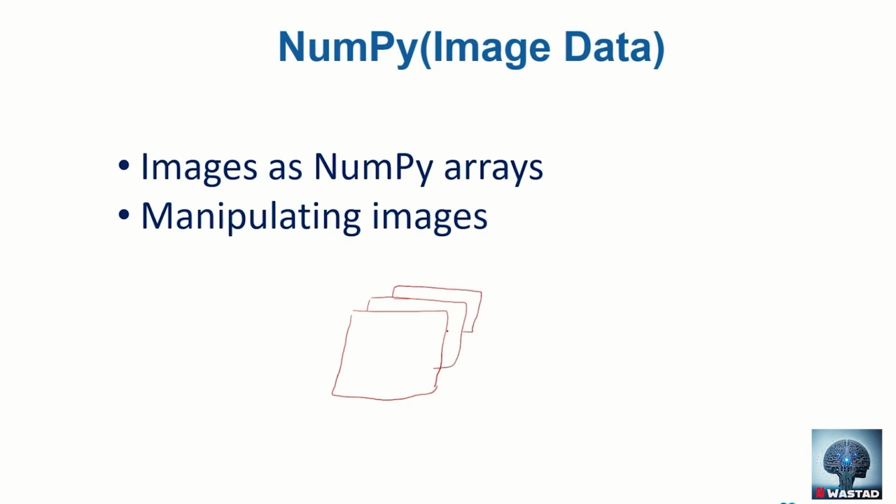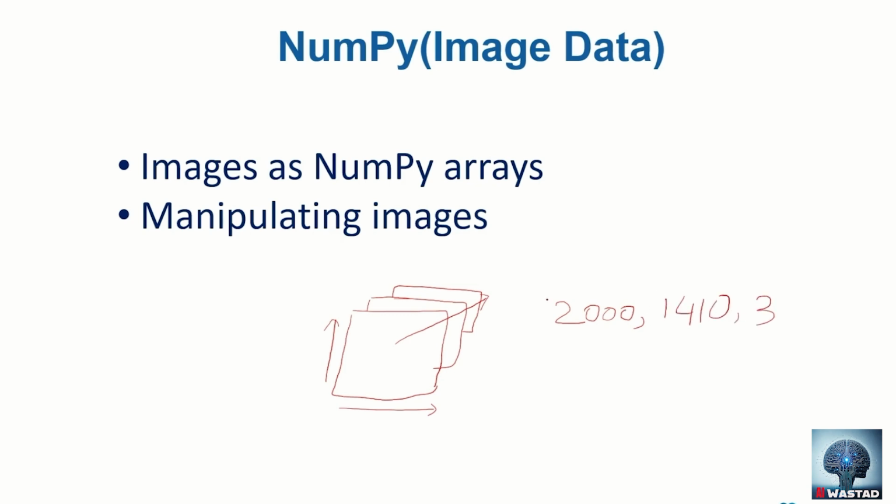So basically, an image is a three-dimensional array, where the number of rows and the number of columns represent the number of pixels of one band. And then we have the red, green, and blue bands, sometimes called the channels, available for one image.